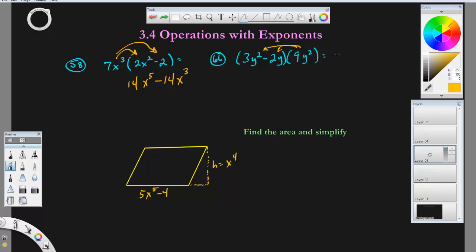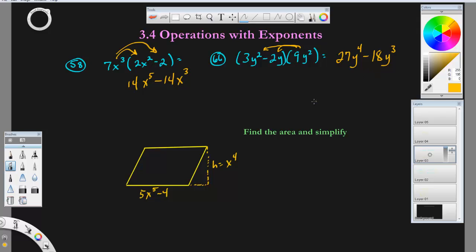Well, that's going to be 27y to the what power? 4. And then 9y squared times negative 2y would be minus, because we have one negative sign, 18, because it's 9 times 2, and then y to the power of 3 because it's y squared times y. That makes 3 y's.